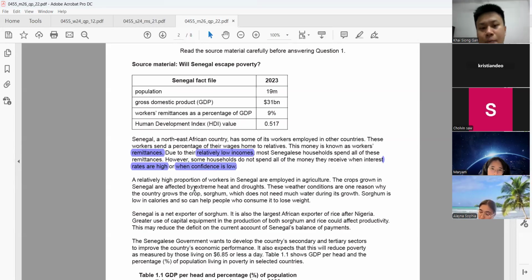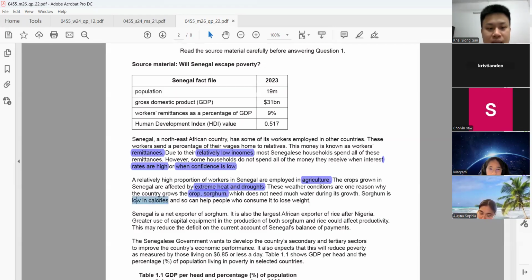A relatively high proportion of workers in Senegal are employed in agriculture. The crops grown in Senegal are affected by extreme heat and droughts. These weather conditions are one of the reasons why the country grows the crop sorghum, which does not need much water during its growth. So therefore, this is why they only focus on this crop.